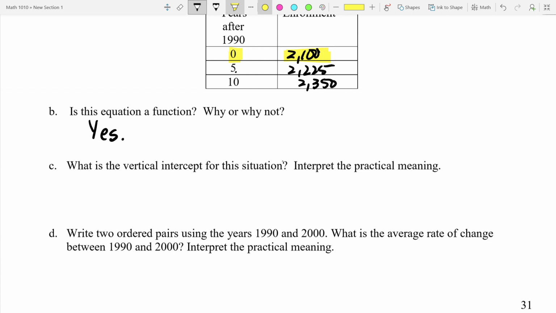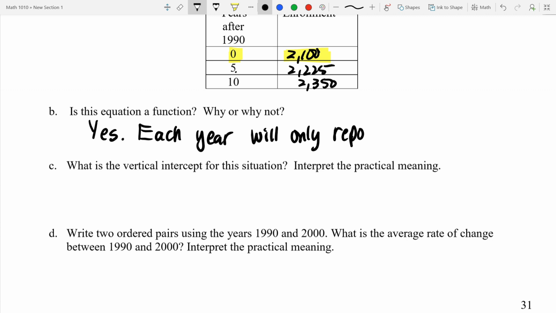So is it a function? Yes, it is. Why? Each year will only report one number of students enrolled.